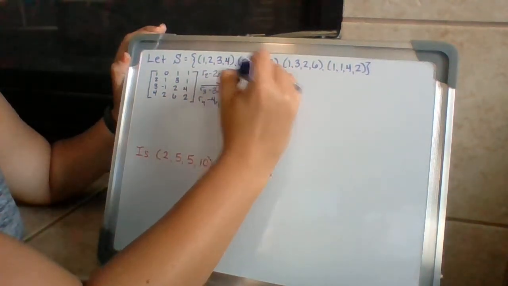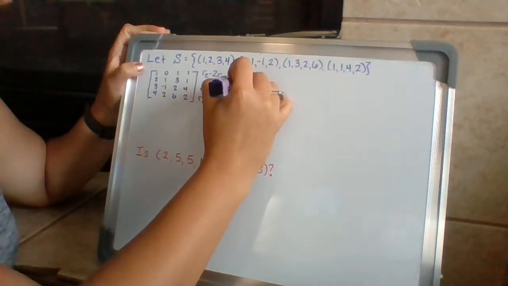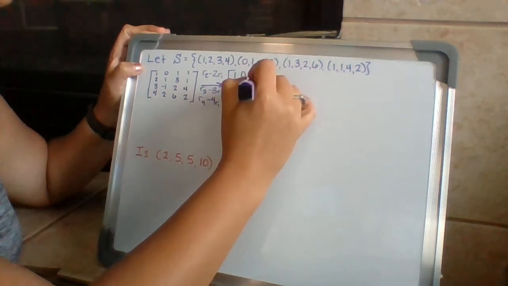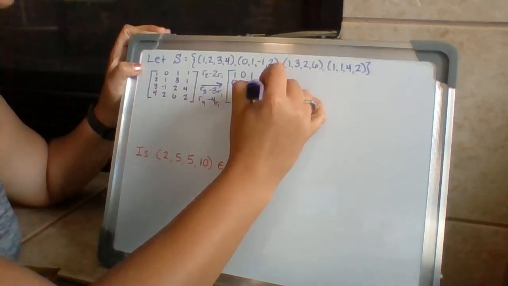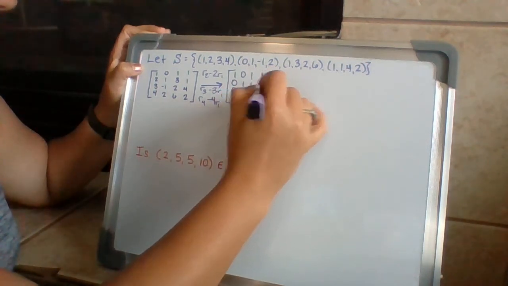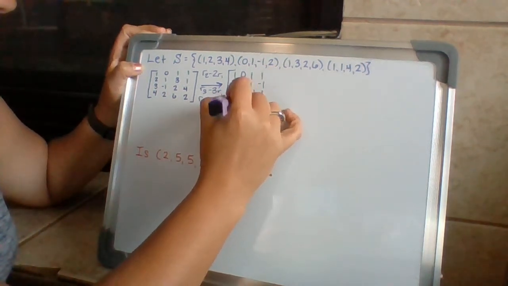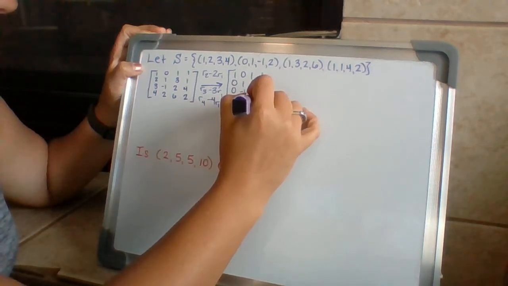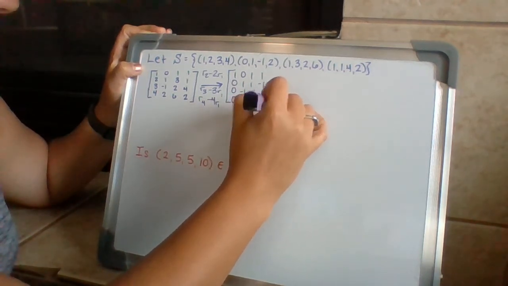So I have 1, 0, 1, 1, 2, 3 minus 2, 1 minus 2, 2 minus 3, 4 minus 3, 6 minus 4, 2 minus 4.